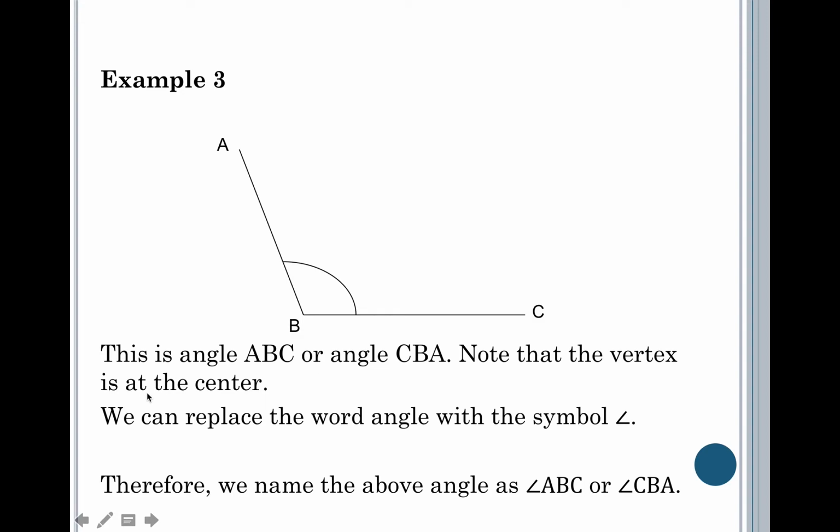Note that the vertex is in the center for both ABC and CBA. We can replace the word angle with a symbol, kind of like the mouth of a Pac-Man. Therefore, we can name them like this: angle ABC or angle CBA. So that's the point, vertex, point method.